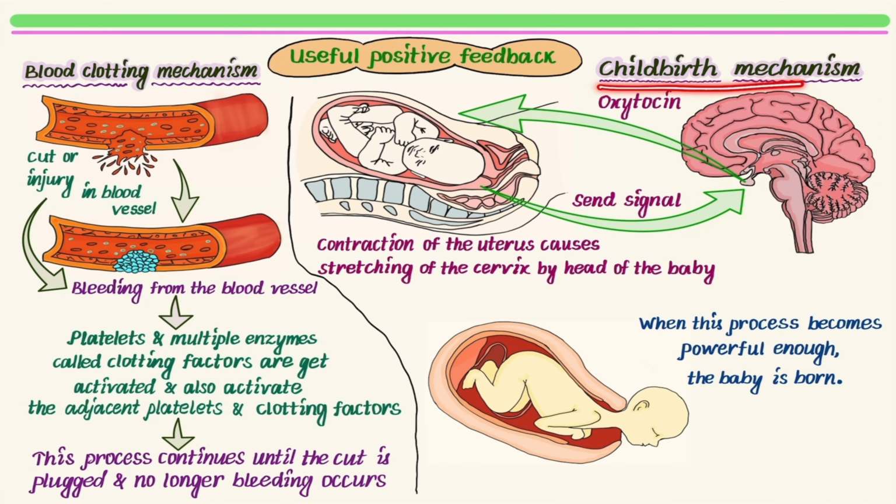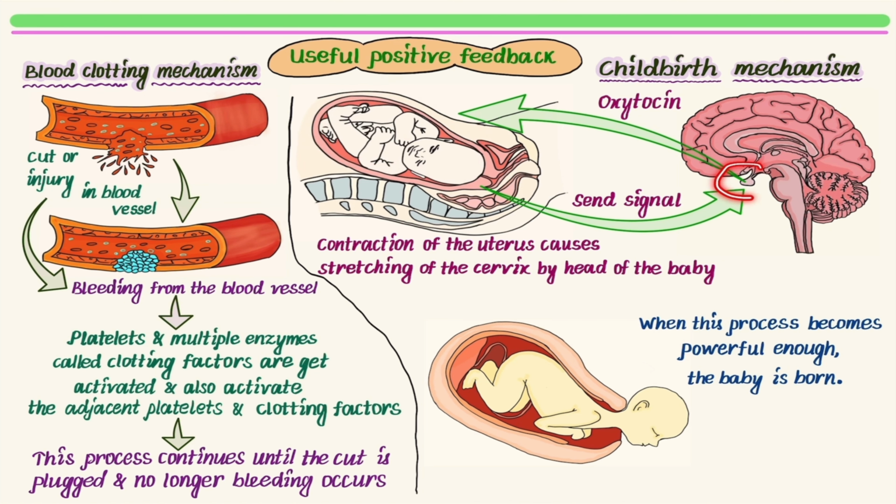Then the childbirth mechanism is a valuable, useful positive feedback mechanism. Here, this is the baby present in the uterus of the mother. This is the brain and this is the pituitary gland. The posterior pituitary gland secretes oxytocin into the bloodstream. Before delivery of the baby, there is contraction of the uterus that causes stretching of the cervix by the head of the baby. Then an impulse from the uterus is sent to the posterior pituitary gland.